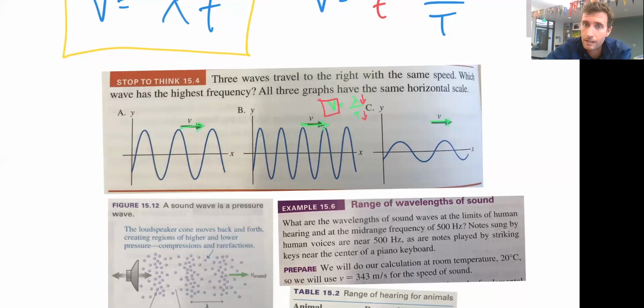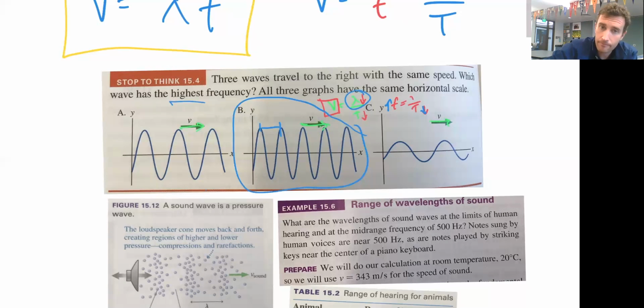So if the period gets smaller as the wavelength gets smaller, the frequency, which is 1 over the period, is going to get bigger. So I need a system where, in order to get a higher frequency, I need a smaller wavelength. And so the one with the smallest wavelength here is where that value is the littlest, and that is B.